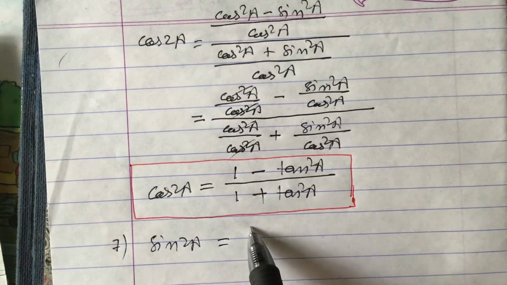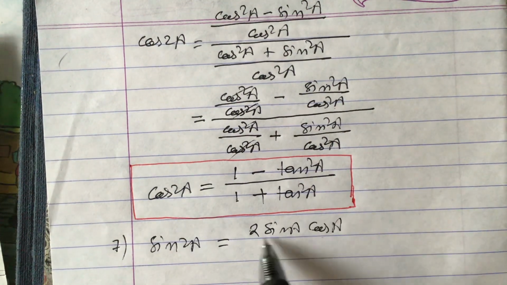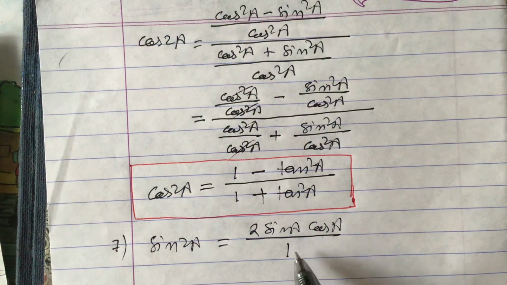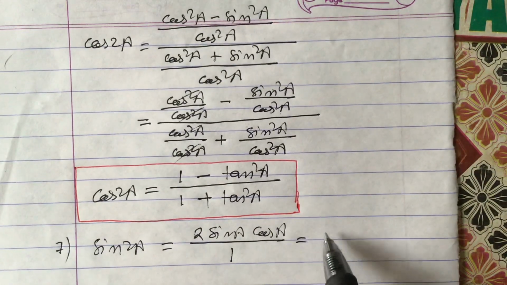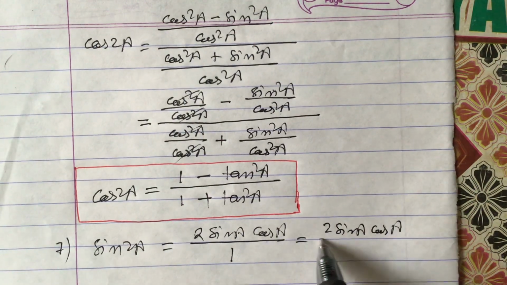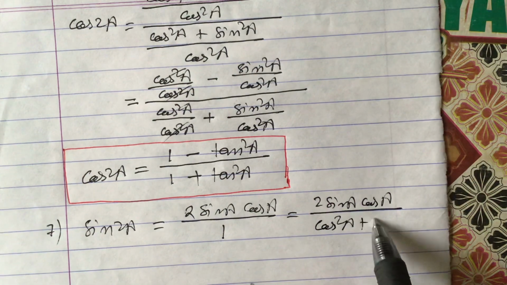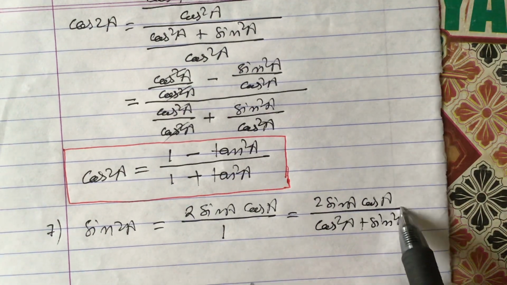Similarly, 2 sine a cos a divided by 1, and we can write 1 as cos square a plus sine square a.